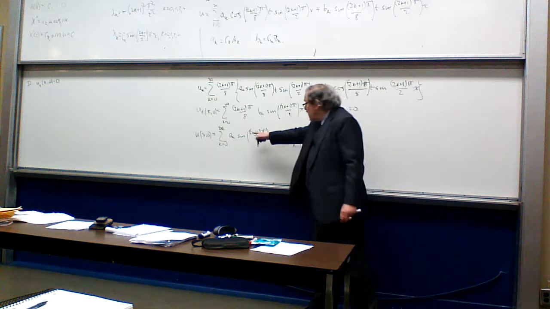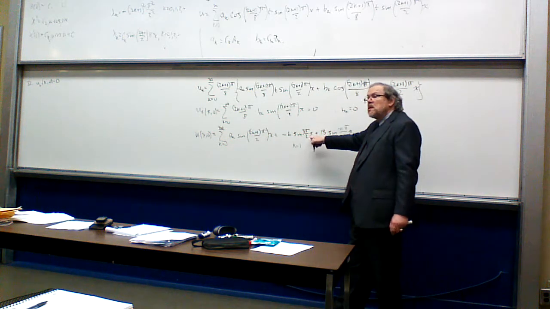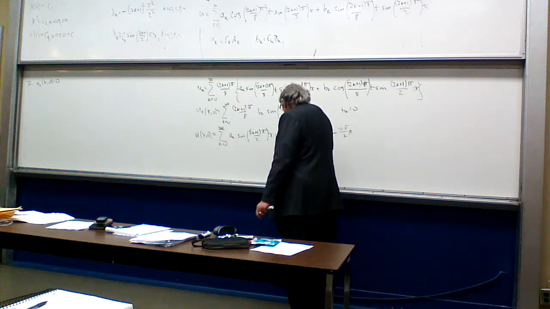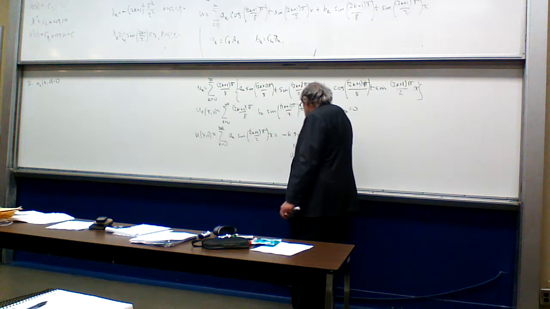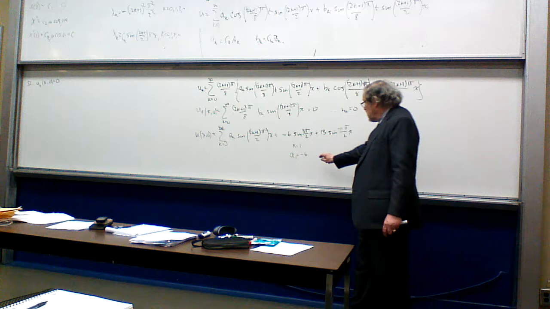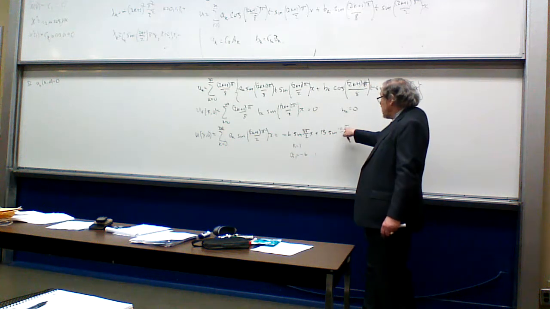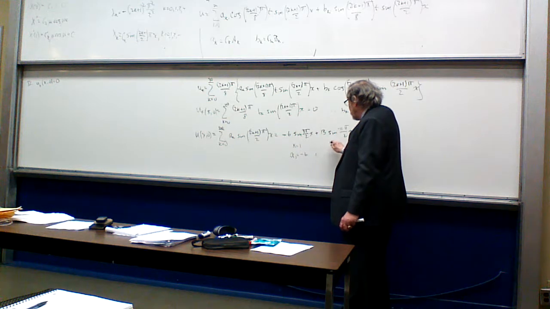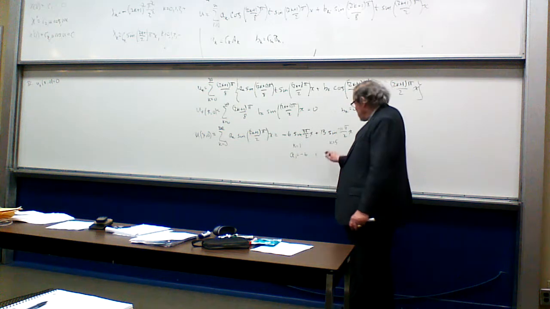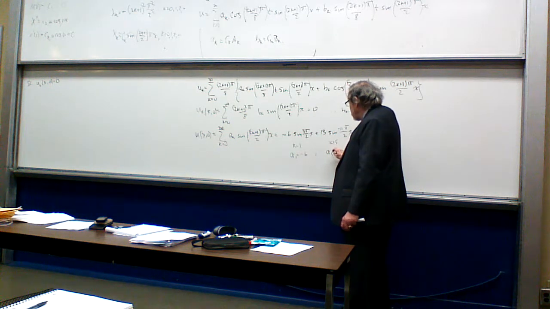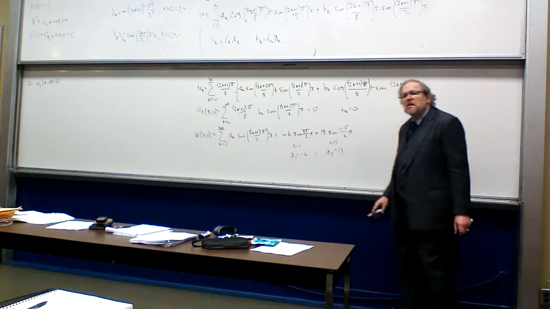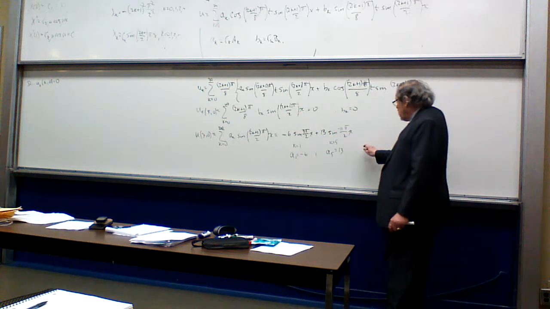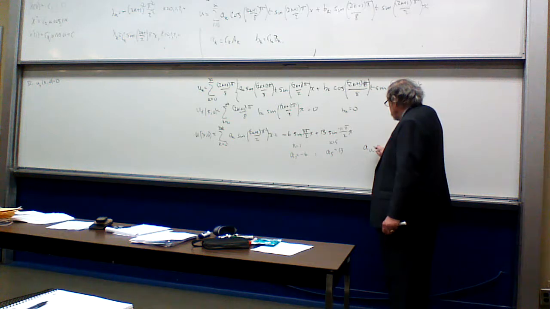When k is 1, I get 3 pi over 2 inside the sine, so A1 is negative 6. The 11 pi over 2 corresponds to k equal 5, so A5 is 13. All the other A sub k's are 0.